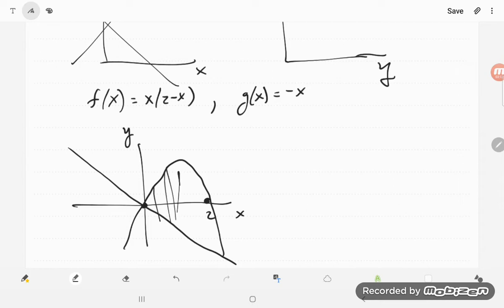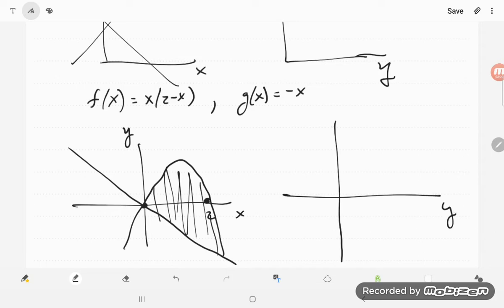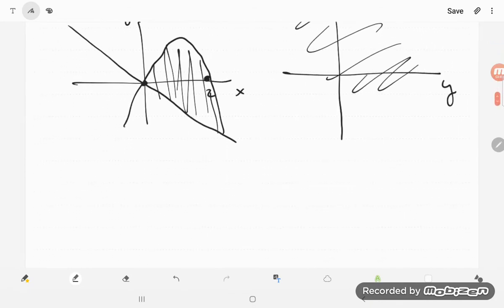Now, if you were to graph this the other way, here's y, here's x, well, then now the y equal negative x, the interesting part there, or x equal negative y, notice that's, oh wait, sorry. Try that again.